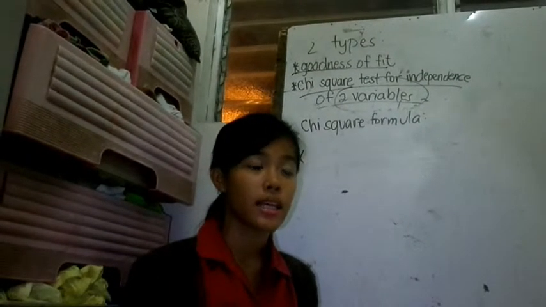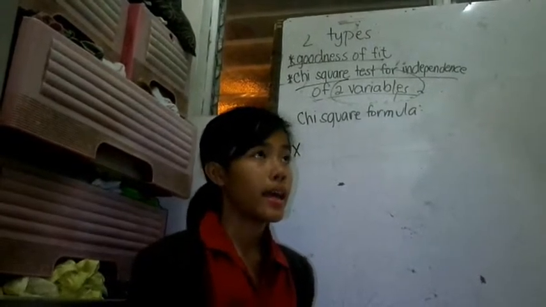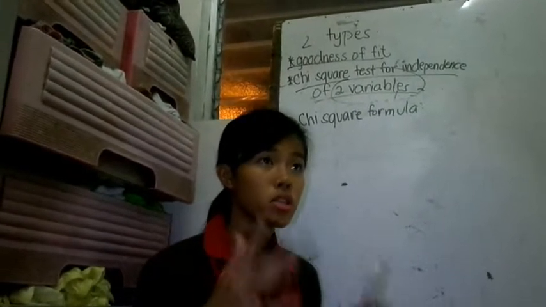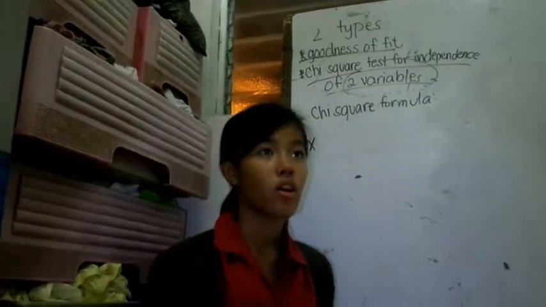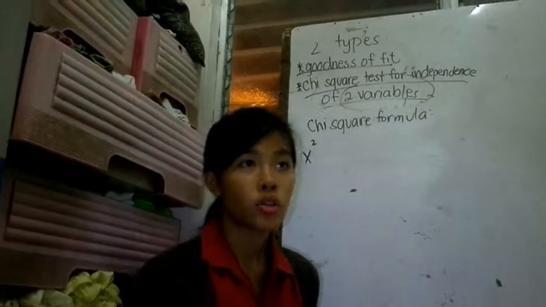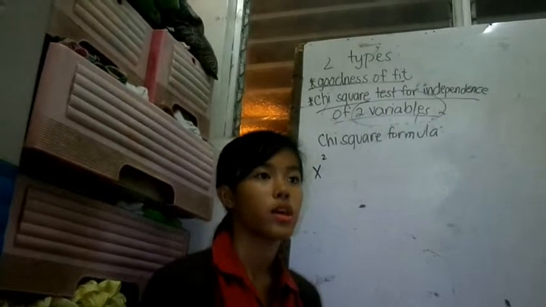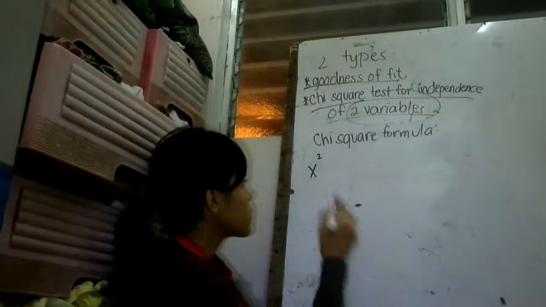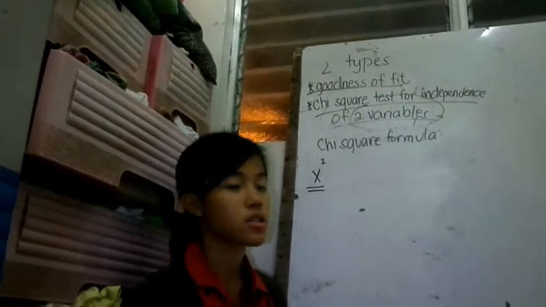It can also be seen that all the elements in this distribution are squared. So the symbol x squared is used to denote the distribution. When we say x squared, that is the chi-square.